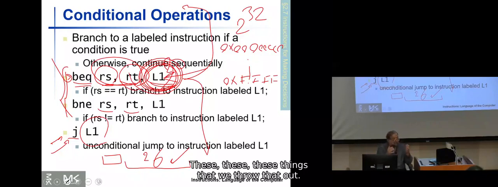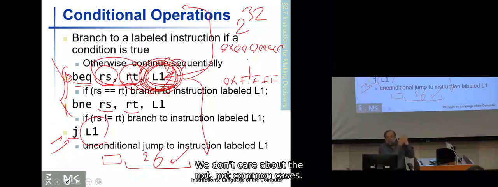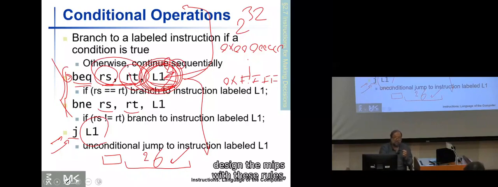There were 4 rules for the design. We try to make the common case fast, and we don't care about the uncommon cases. So we designed the MIPS with these rules, and this is the result. So that's it, a 32-bit address.